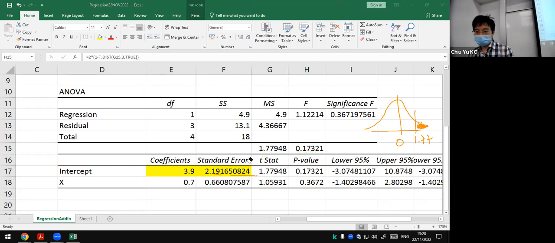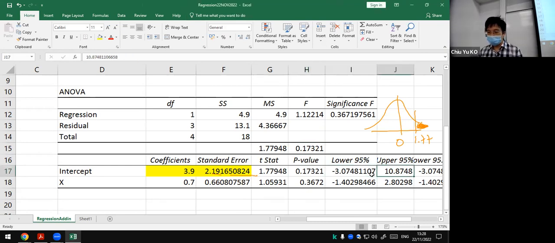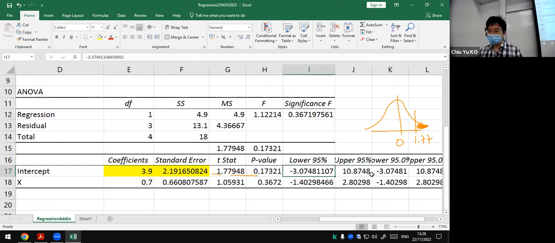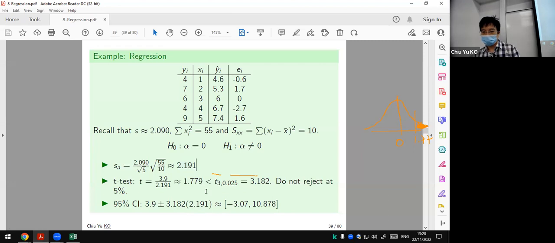Okay. And here we have the confidence level 95%, right? -3 and 10. How it comes about is here, right? You need to calculate the critical value, multiply by the S, and you get the value. And you can see that this A0 is within these two numbers, right?